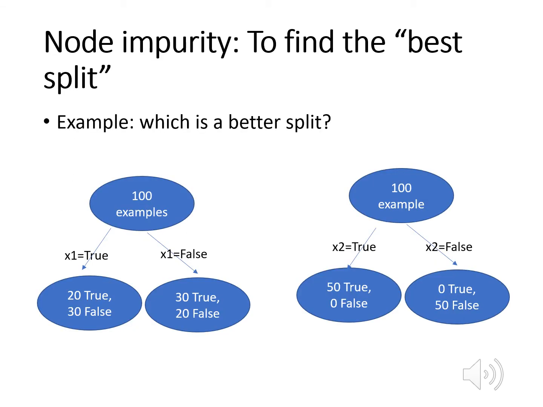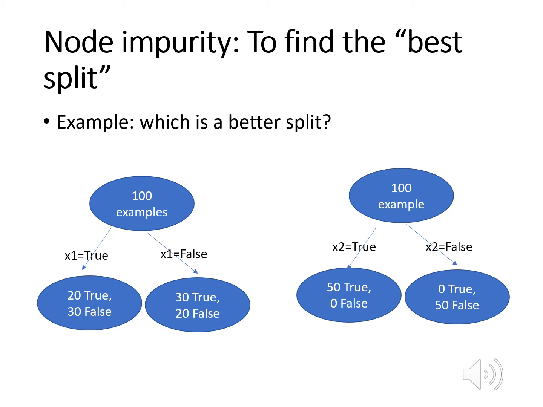When we select the feature in each step, we want to find the best split of the data. Then how to define this best split? For example, if we look at these two examples, one example uses x1 as a feature to split the data. The other uses x2. So their root nodes all include 100 examples with 50 of them having labels of true value and 50 false.